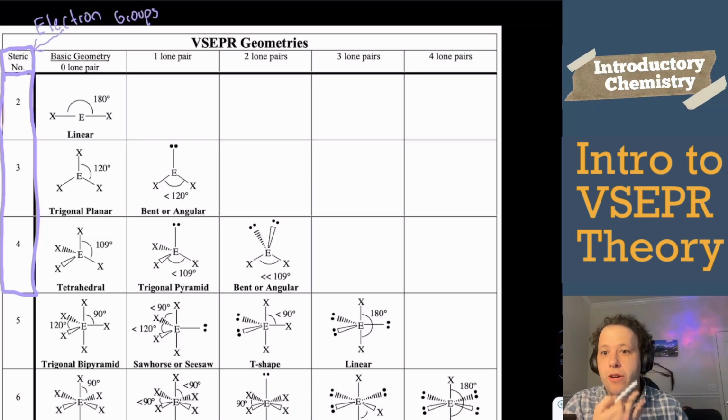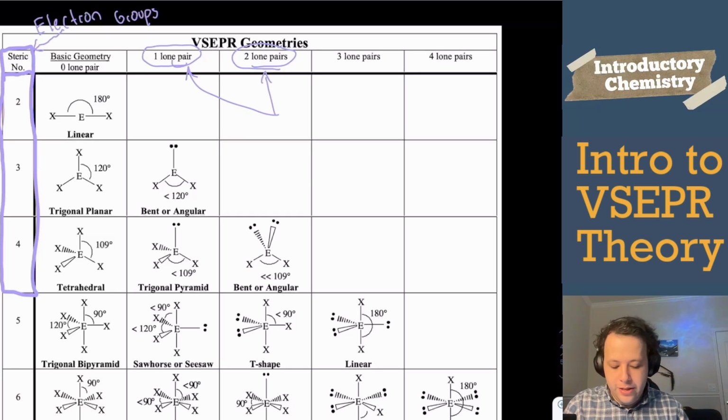You need to draw the Lewis structure behind these because you need to know how many lone pairs there are on the central atom. So this is all referring to the geometry around the central atom.